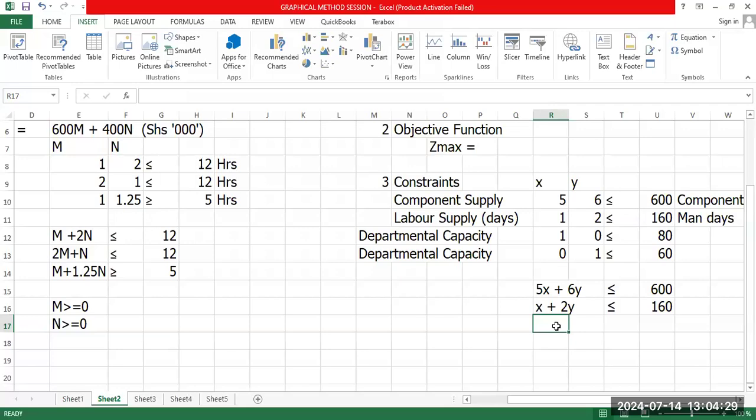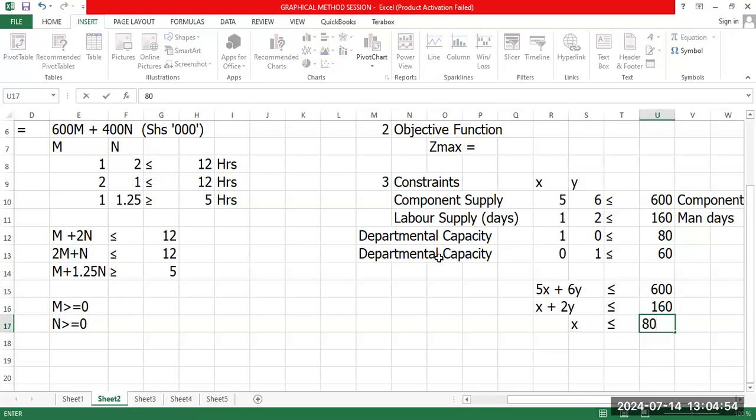And you realize that once you reach on this step, you just need to say x. The capacity for x should be less or equal to the one that is available, this one, 80.